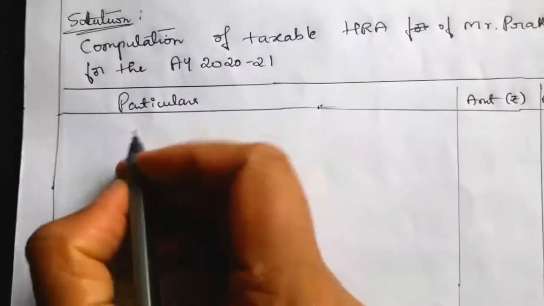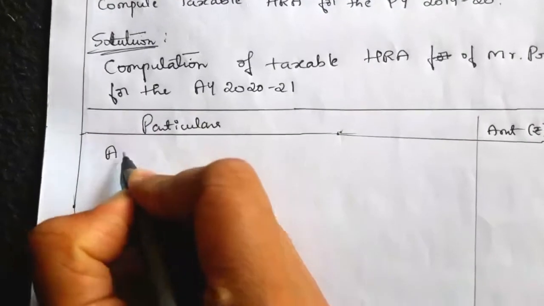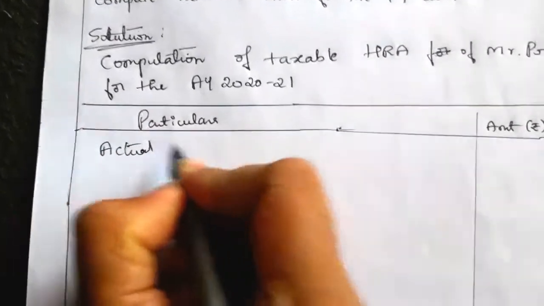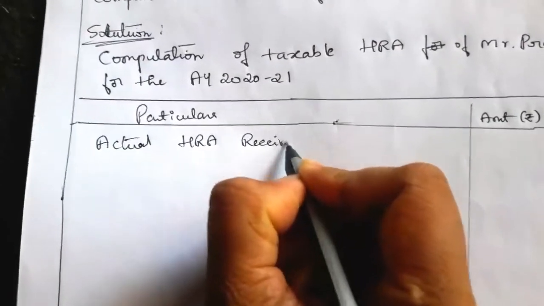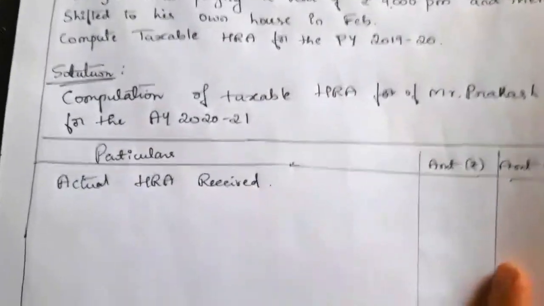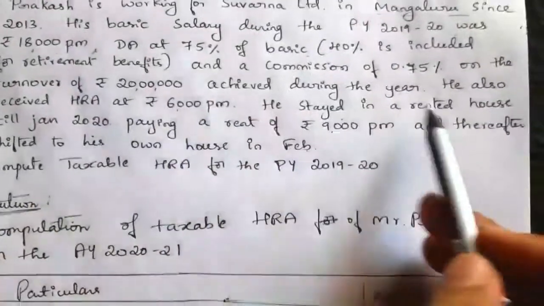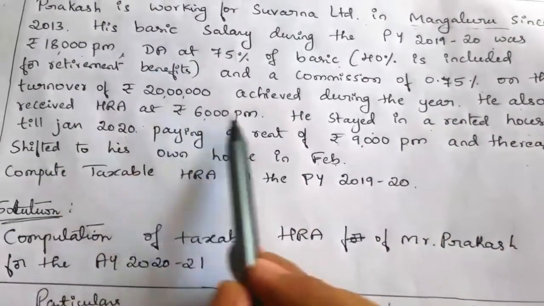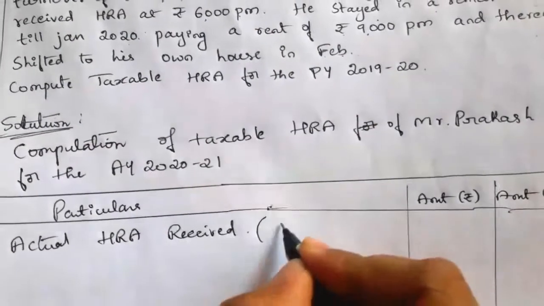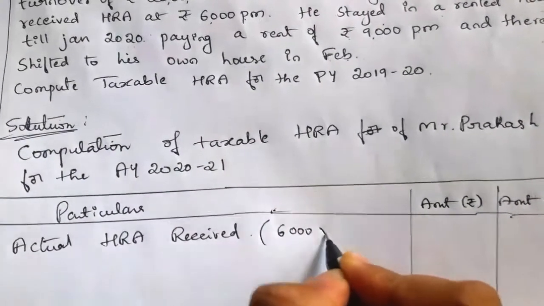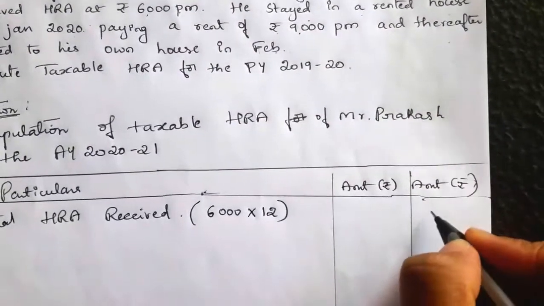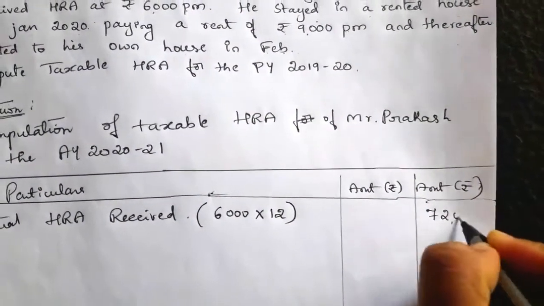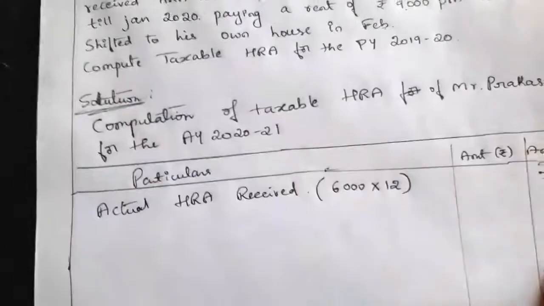Now write the actual HRA received. So how much HRA received? He received HRA at rupees 6,000 per month. Here we take for the whole year, 6,000 into 12, that is rupees 72,000, the HRA he received for 12 months.